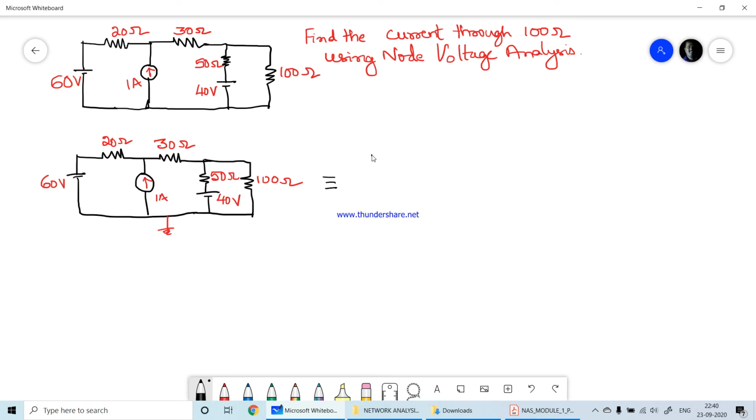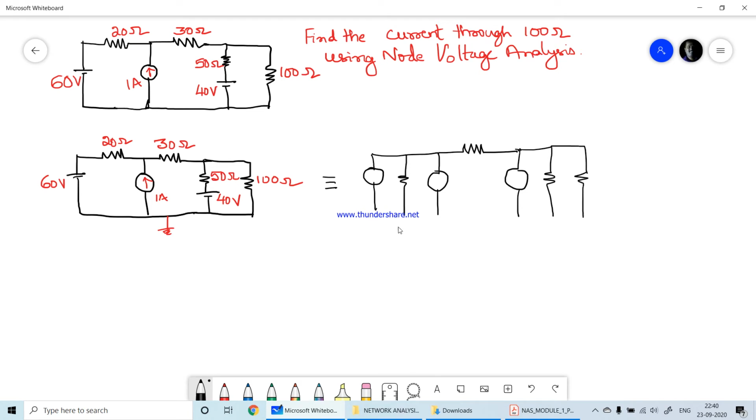We get a current source in parallel with this resistance, then a series combination that again converts into a parallel one, so I get a current source in parallel with the resistance, and that in turn is parallel with 100 ohms.